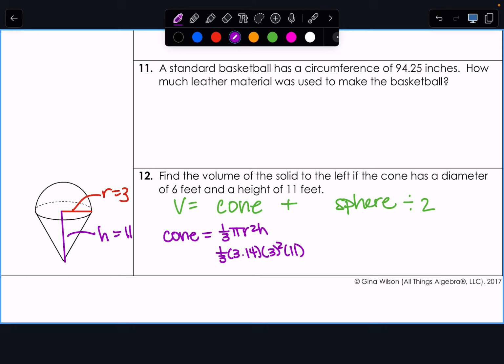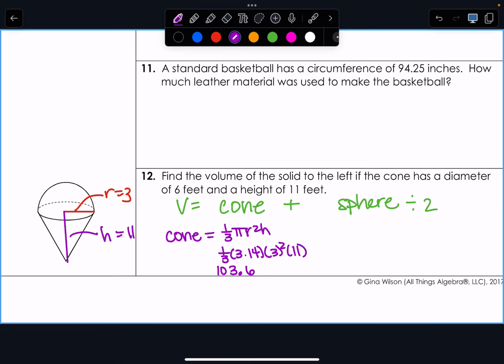Anybody got a number for me? That's a number, but that's not the number I'm wanting. 103.6? Yeah. Okay. I like hearing the yes.